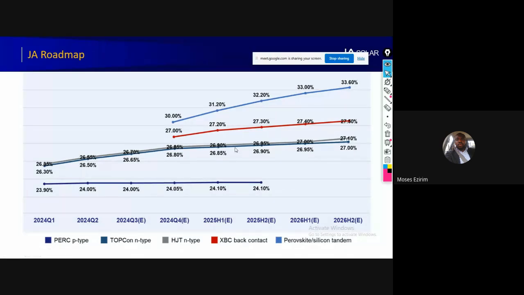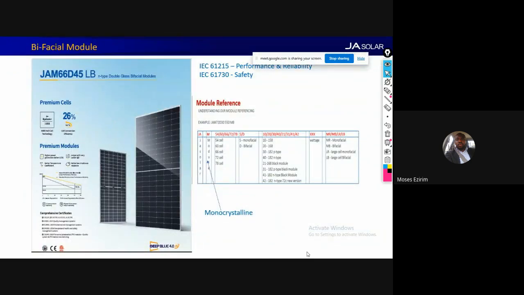As the technology improves, the efficiency also improves. Up here, you can see 33.60, which is for the perovskite silicon tandem. That is where we are going. Technology doesn't stop at P-type, it continues like that. So whenever you are buying your panel, ensure you check the type you are buying, so that you can model up the efficiency.